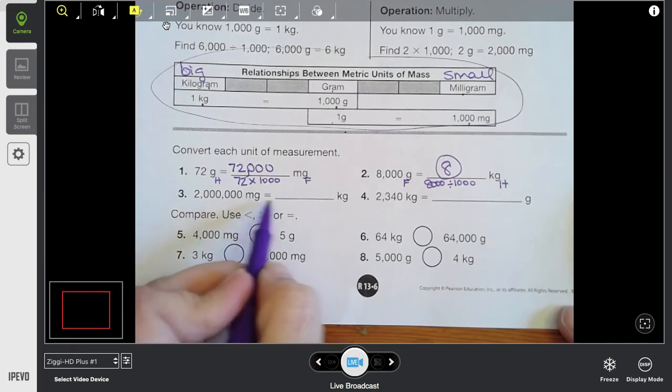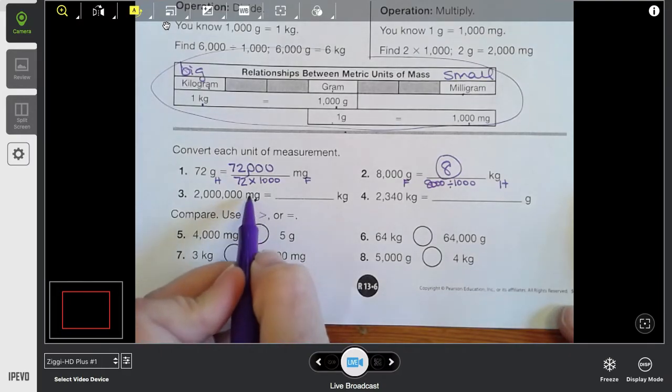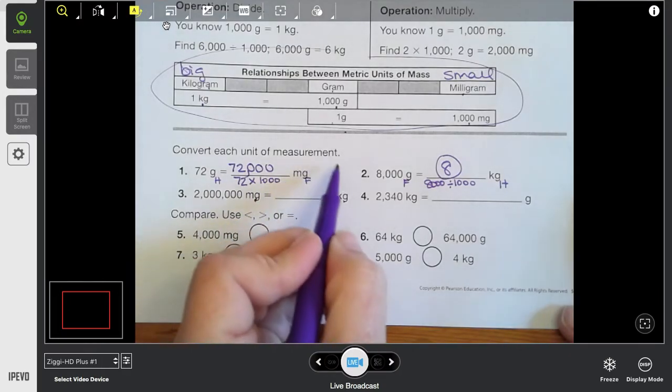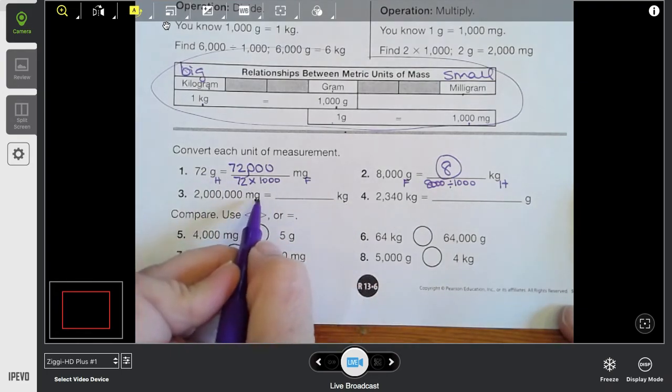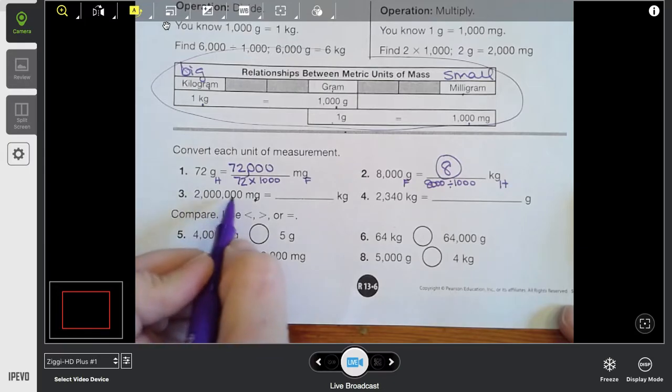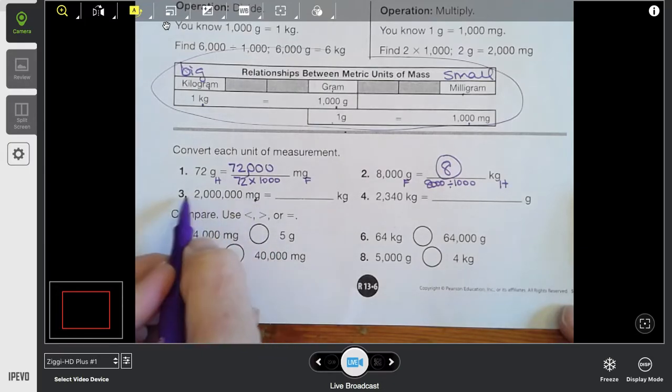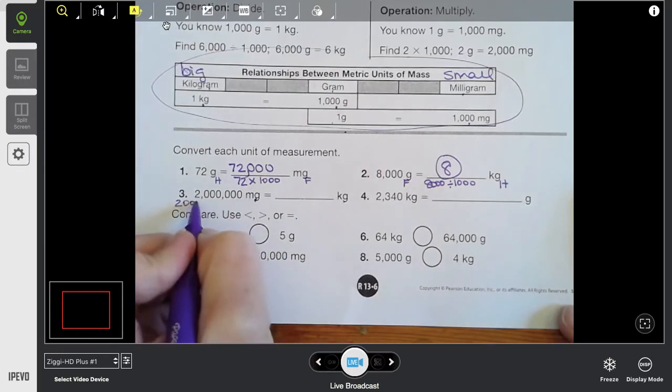2 million milligrams equals how many kilograms? Well, this is a big jump because we're going from 1/1000th of a gram, skipping past the gram and going to the kilogram, which is 1,000 grams. So first, let's change milligrams into grams. So we're going to divide 2 million by 1,000.